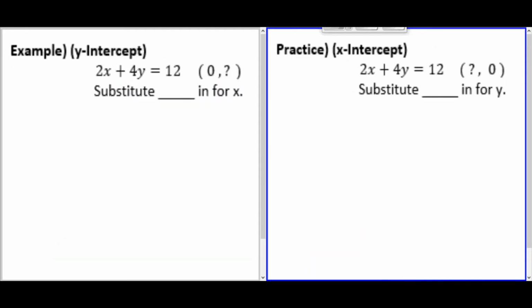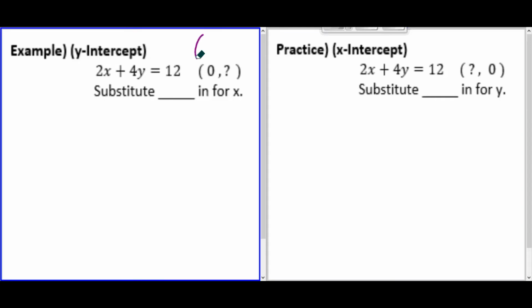So some examples. This example wants you to find a y-intercept. They give you the equation 2x plus 4y equals 12, and then they give you an ordered pair. Remember, ordered pairs are x, comma, y. They give you the x value, and we have to find the y value.